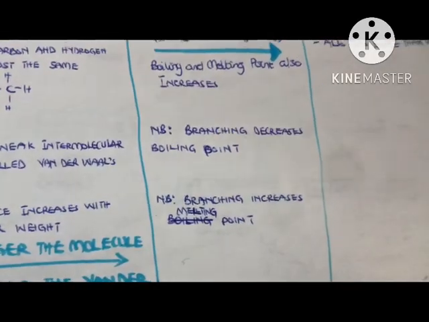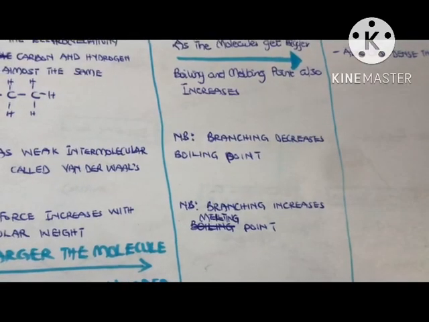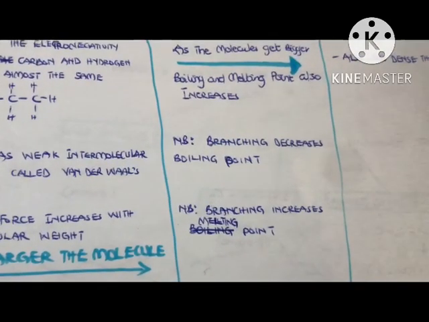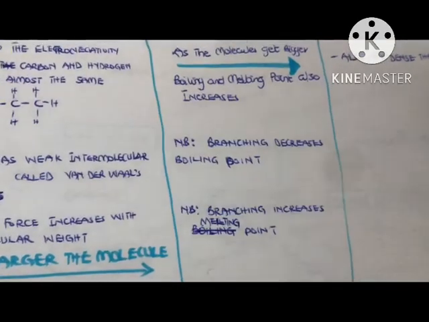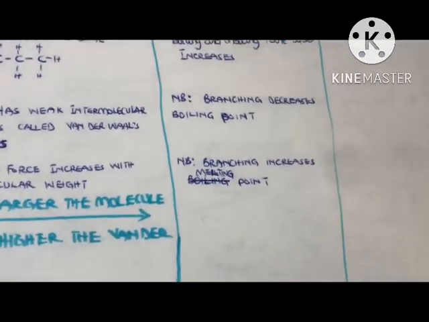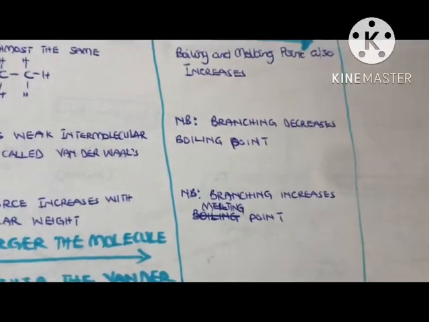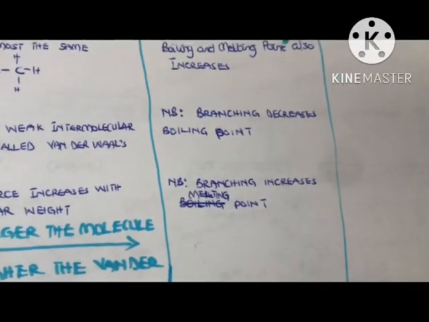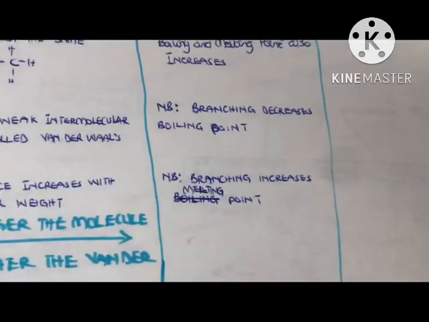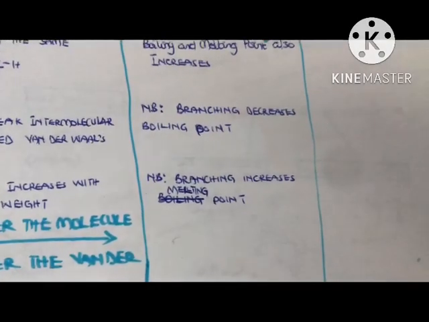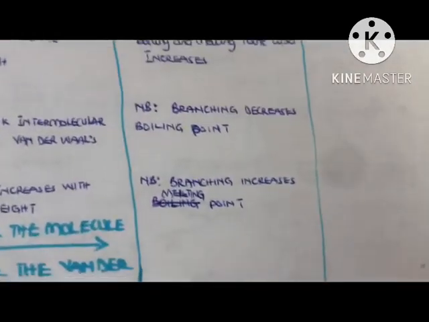This is because branching decreases the surface area contact, and because of that it decreases the boiling point. But branching actually increases melting point, because branching causes the alkane to be packed into a crystalline structure, and because of that this increases its melting point.